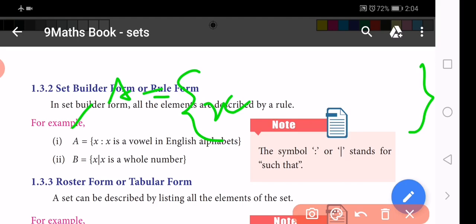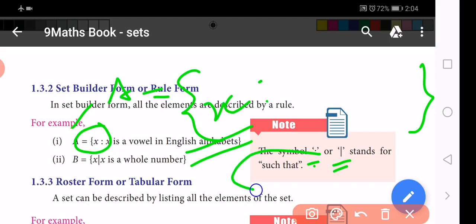The set A is equal to, for all x, then colon or slash stands for "such that". So for all x such that x is what? That's all. So this is the set builder or rule form.